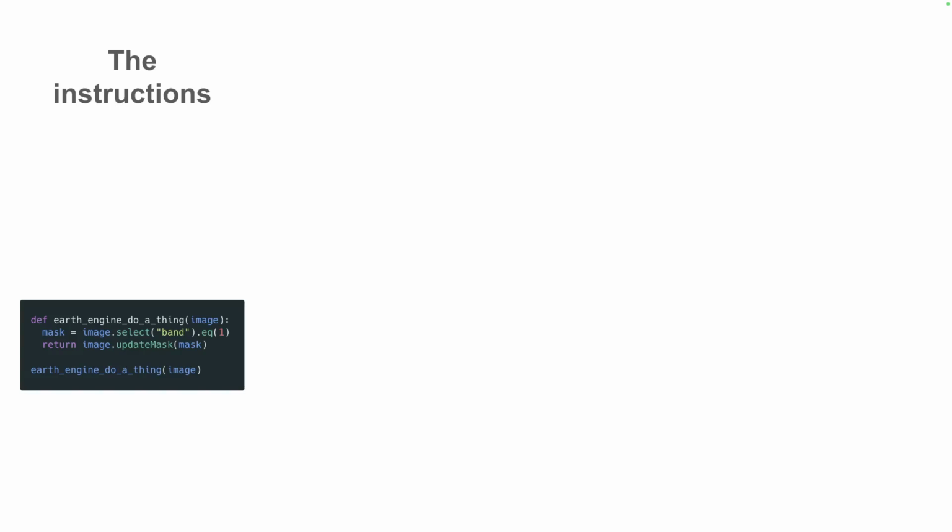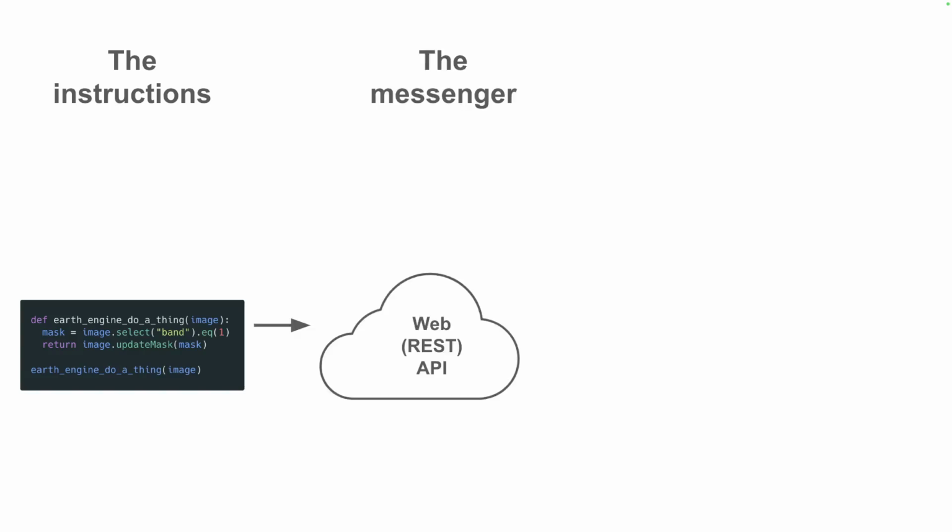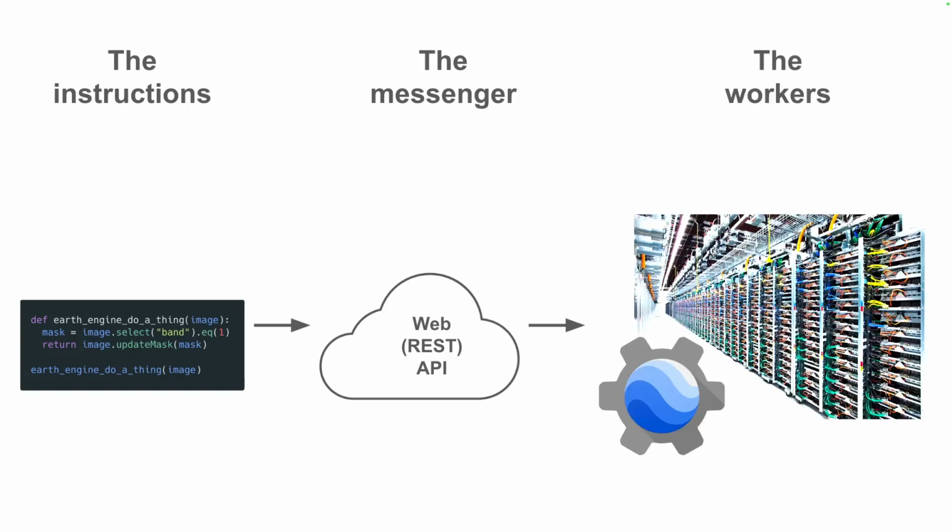And so you express this computation using Earth Engine data classes, for things like an image and image collection, all of those data classes, functions, methods, describing it. You write instructions, those instructions go across the web to Google's servers, and the instructions are interpreted, and the job is divided up among workers, essentially. And then some result could be sent back to you, back to the client, some small amount, or maybe the result is really large and exported.